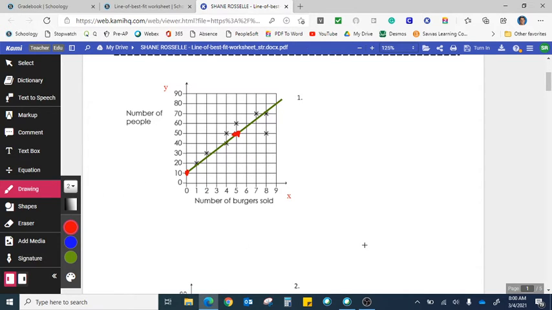My point right here is 0 going left and right, 0 in the x direction, and 10 in the y direction. It always goes x first and then y. The y-intercept is always where x equals 0.